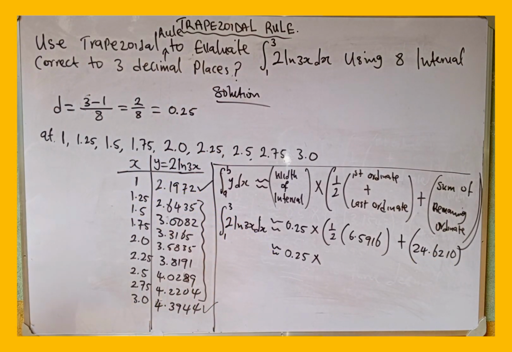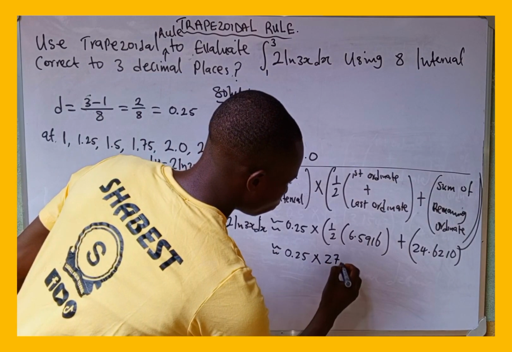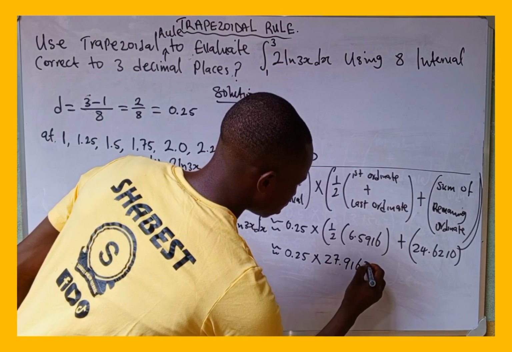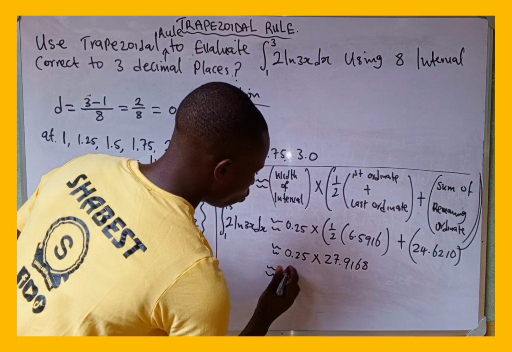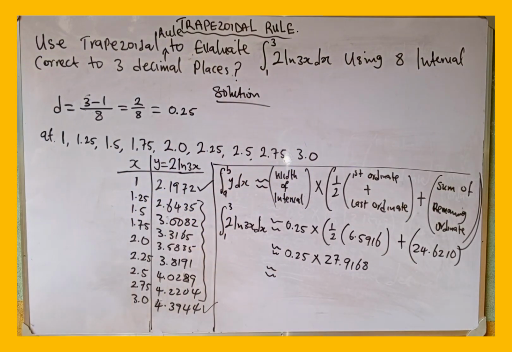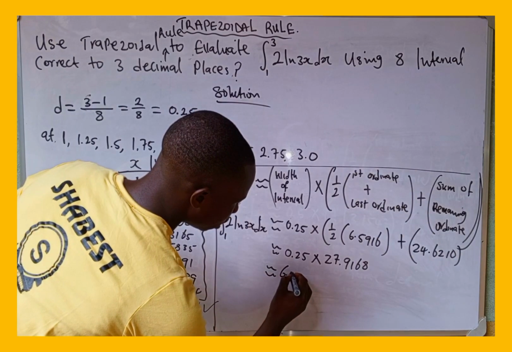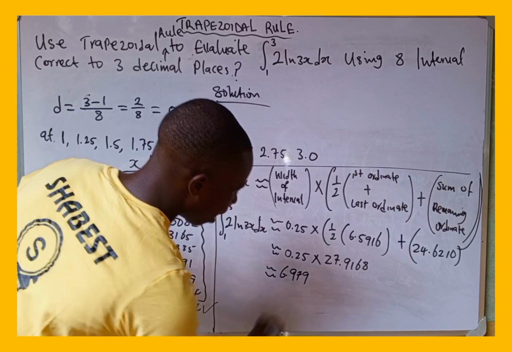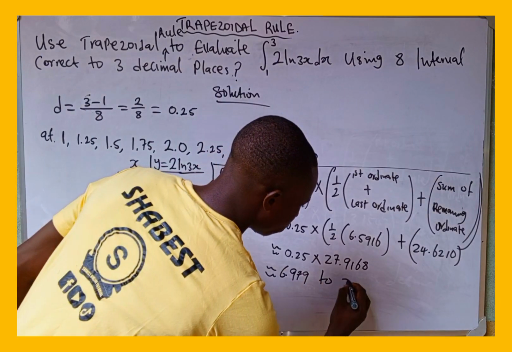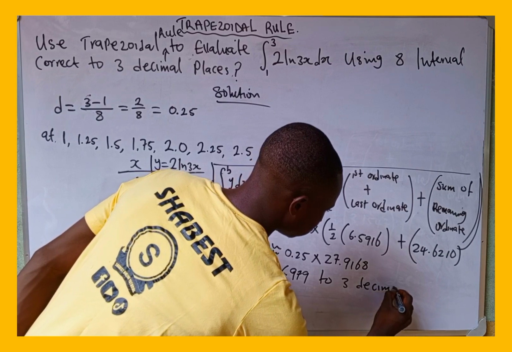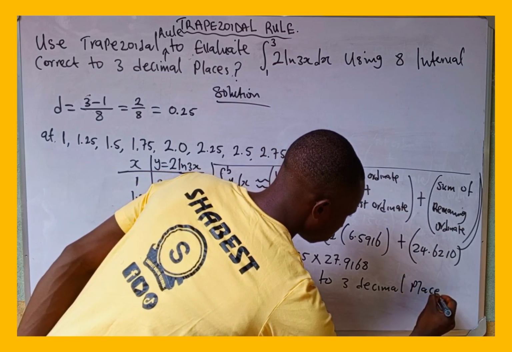Everything there is going to give us 27.9168. So if you multiply 0.25 by 27.9168, we are going to have 6.979, approximately to 3 decimal places.